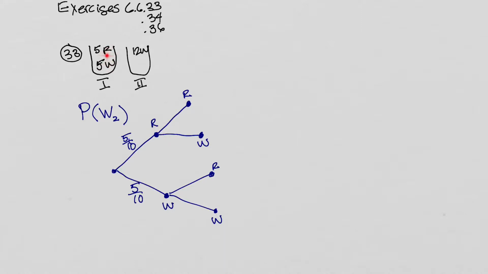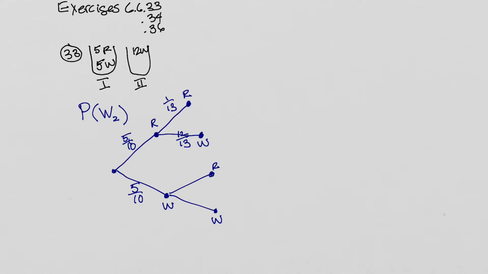In the first urn, you pick a ball. Now, whatever ball you get, you put it into the other urn. So we're on this branch right here. We're saying we got a red on the first, so now we put a red in here. So now there's 13 balls altogether, 1 of which is red. So this probability is going to be 1 out of 13. And then there's 12 whites out of 13.